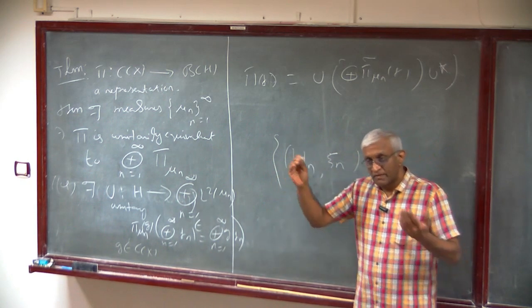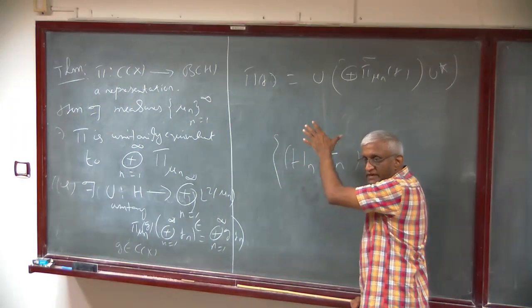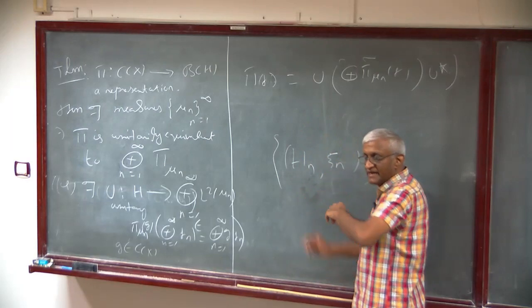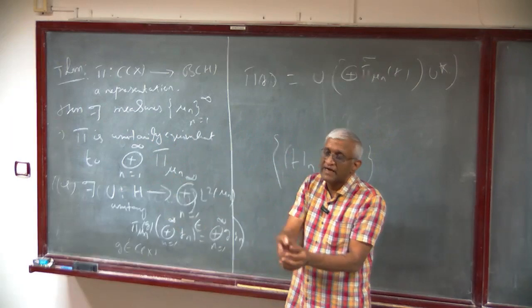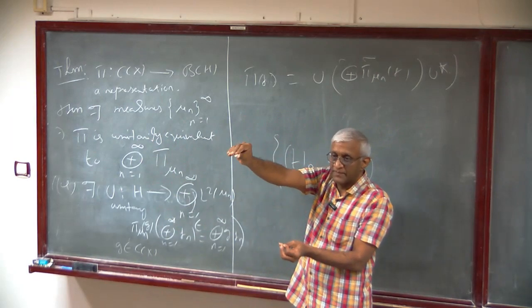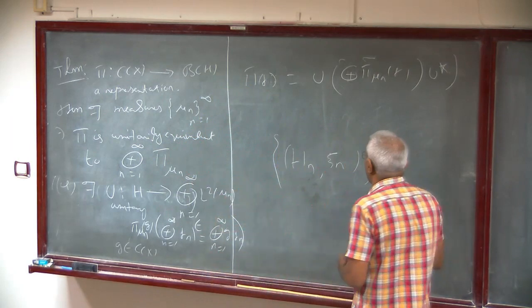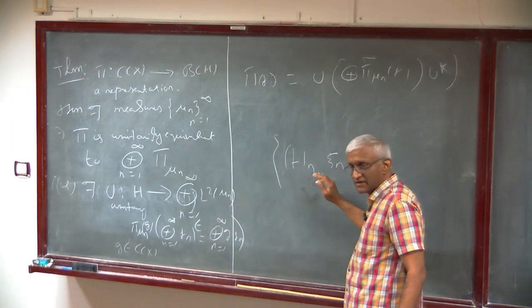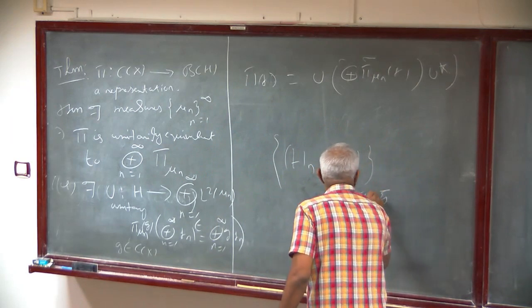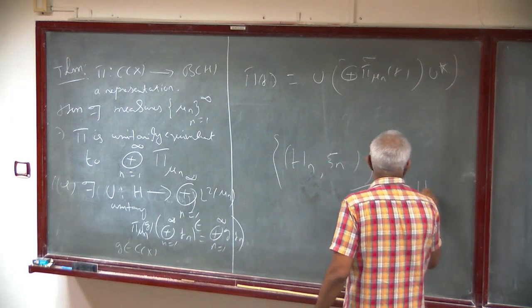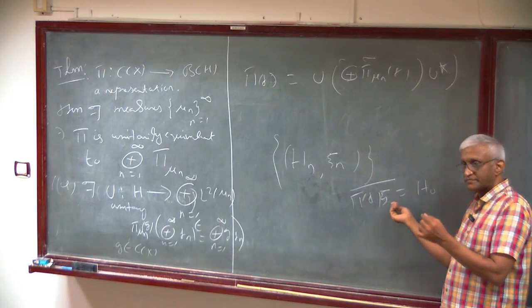If a subspace is invariant, it will leave the orthogonal complement also invariant. So you will get some other one.